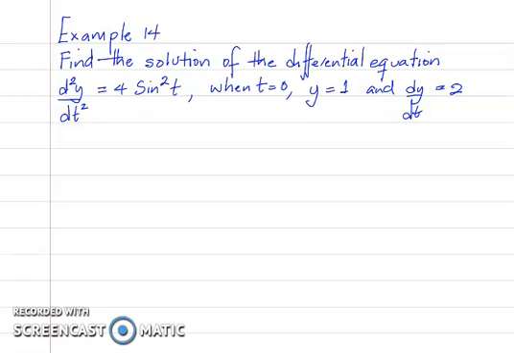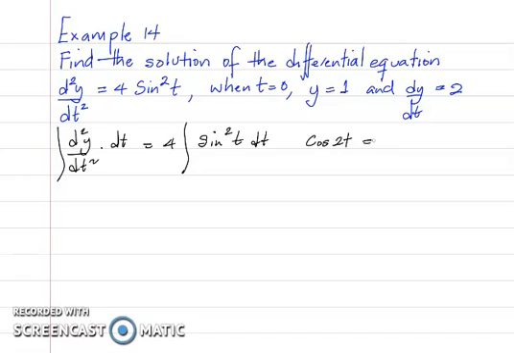So let's start out with the integral of d2y by dt squared dt, which is equal to 4 times the integral of sine square t dt. We must remember that cosine 2t is equal to 1 minus 2 sine square t.